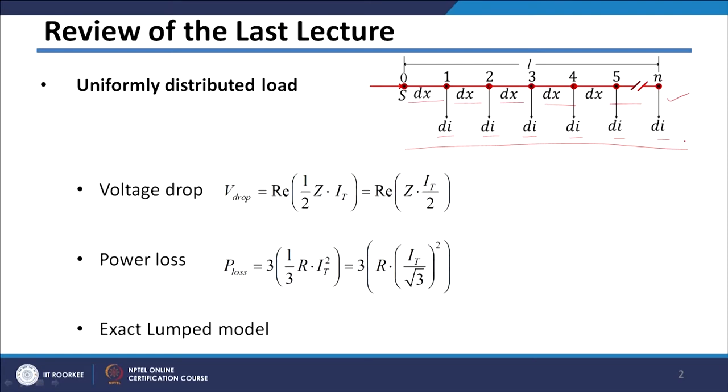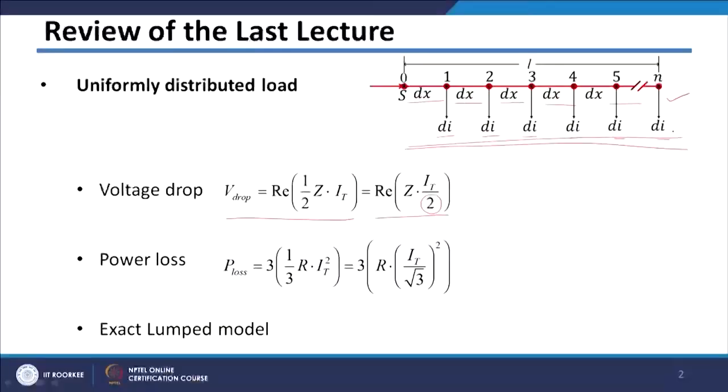And we have got these two equations where voltage drop is given by real part of 1/2 Z into IT, and you can write this equation as shown in the other equation, where just 1/2 I have taken with respect to your IT. And by seeing these equations, we can lump these uniformly distributed loads at one location.